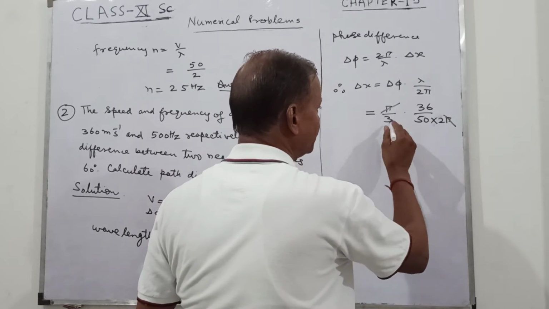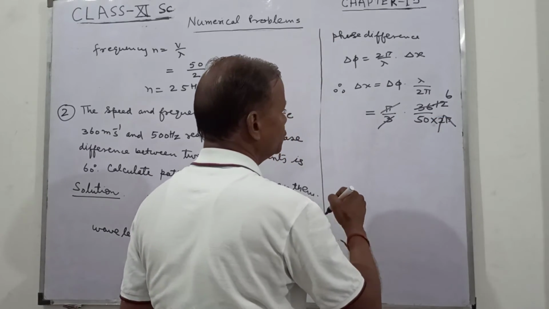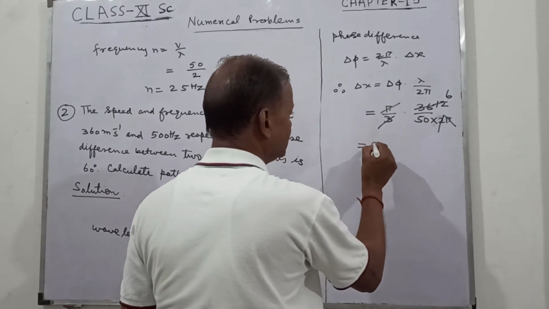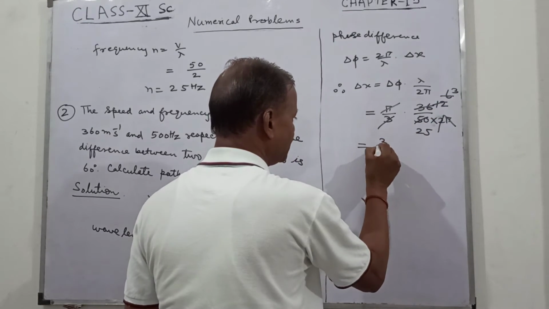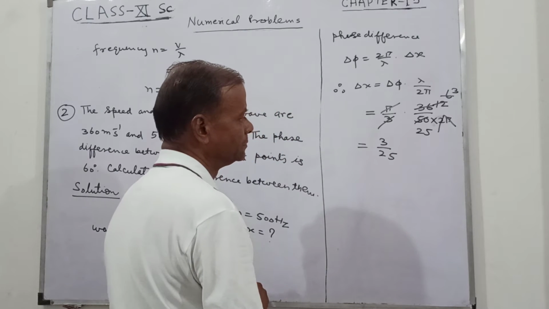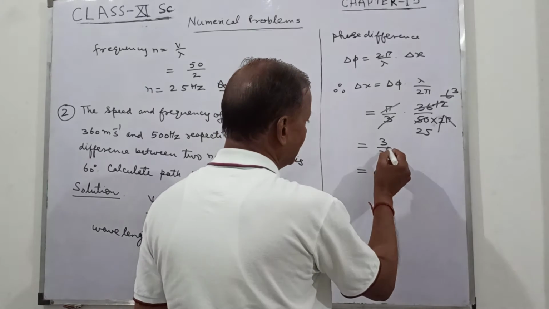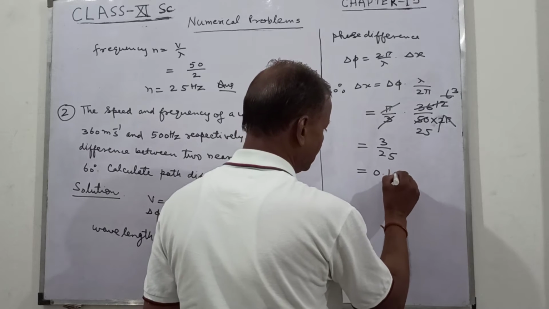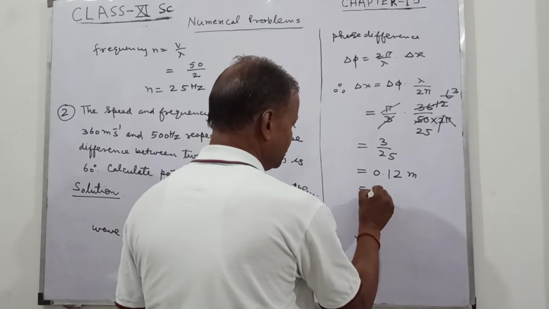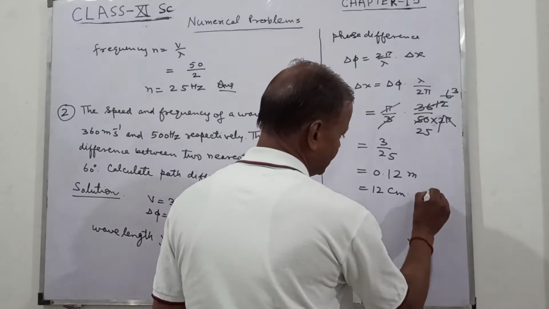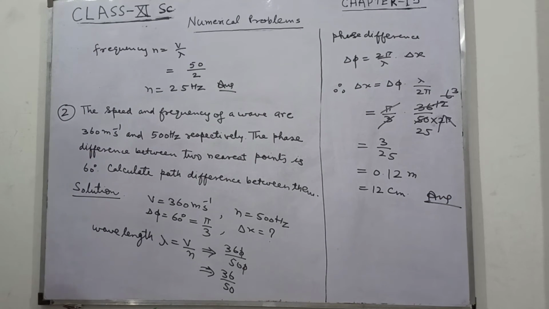Pi cancels with pi, 3 goes into 12, and 2 into 6, so this is 3 upon 25. This is actually 0.12 meter, or equal to 12 centimeter. This is the answer to the second question.